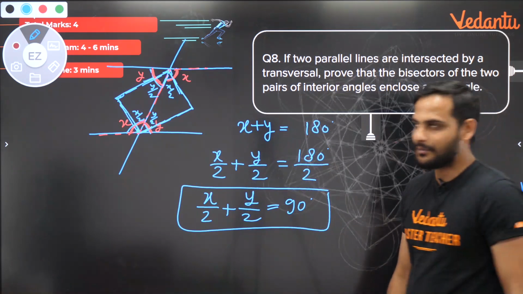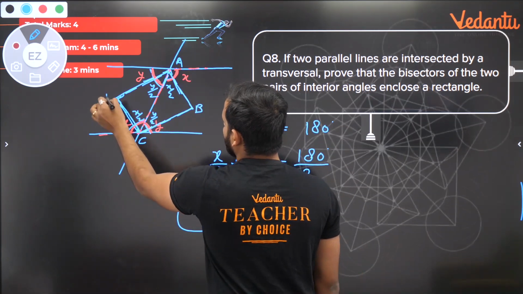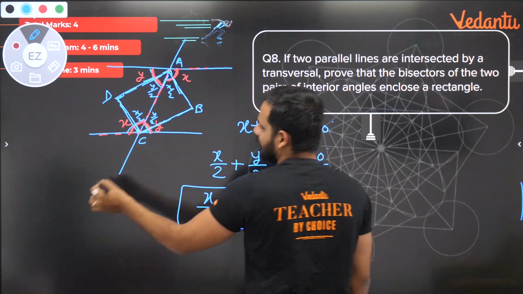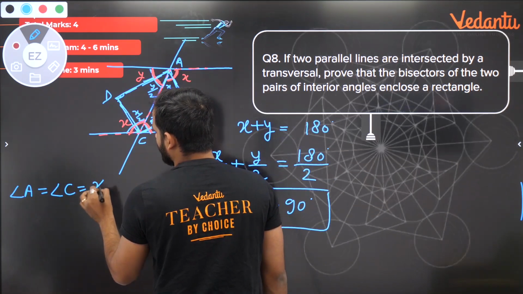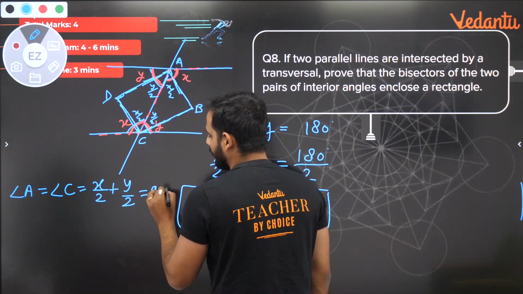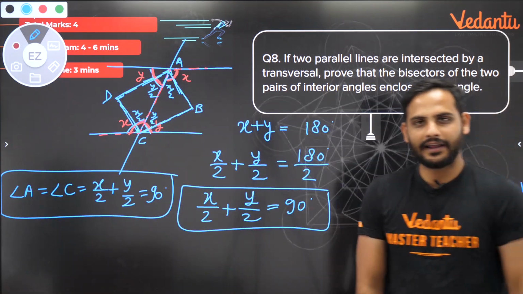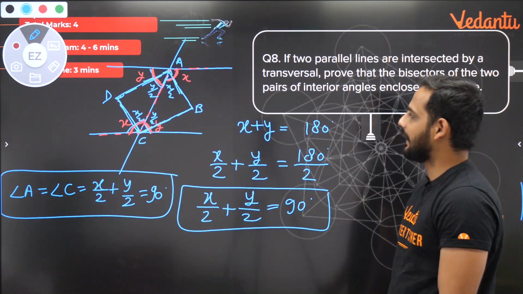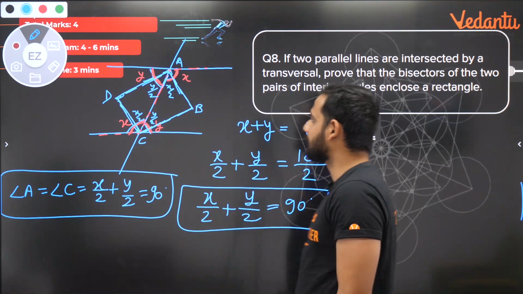Correct? X by 2 plus y by 2 is 90 degree. Let's say bachcho this is A, B, C and D. So from here I can clearly see that angle A and angle C both are equal to x by 2 plus y by 2, which means 90 degree. Correct? So two angles of this quadrilateral I have already proved are equal to 90 degree. Now let us look at angle B.